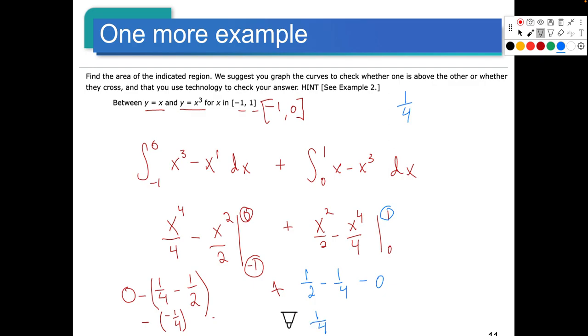And it's positive, so I add these two together. 1/4 plus 1/4 is 2/4, which is 1/2, which is 0.5, which is what we got with the technology. So it all works out. But you can see how easy it is to switch the orders, even when you supposedly know what you're doing, if you're not paying attention. Okay, distracted math. Distracted driving will kill you, so distracted math will get you the wrong answers.